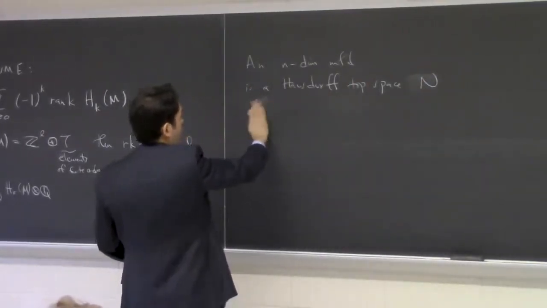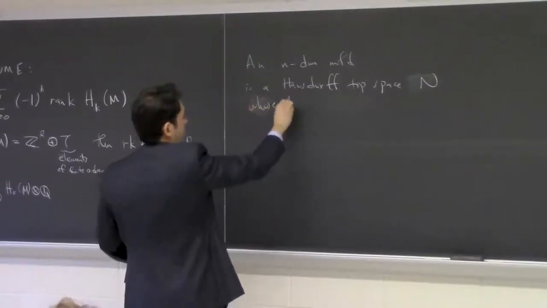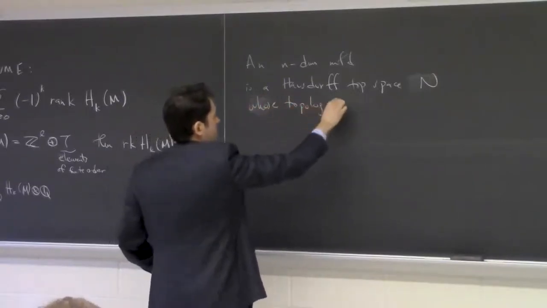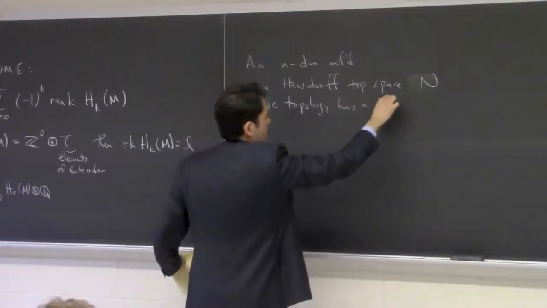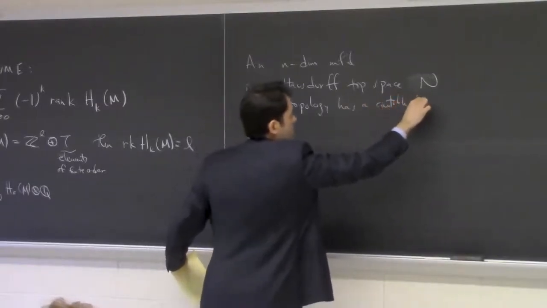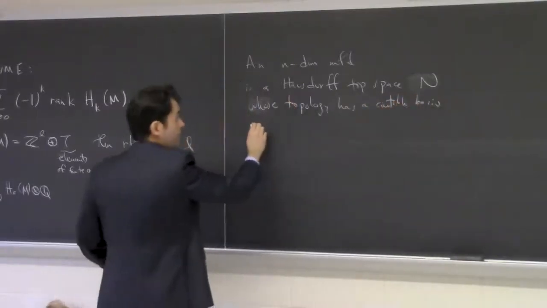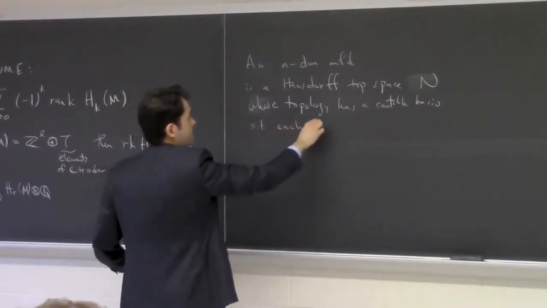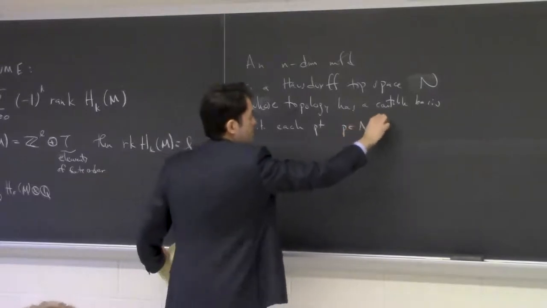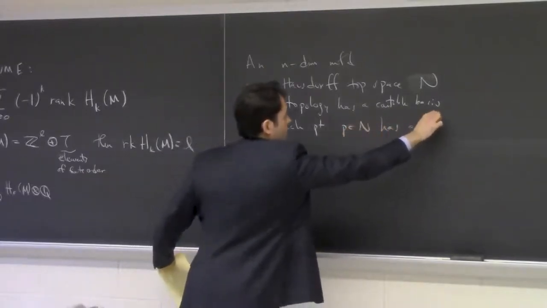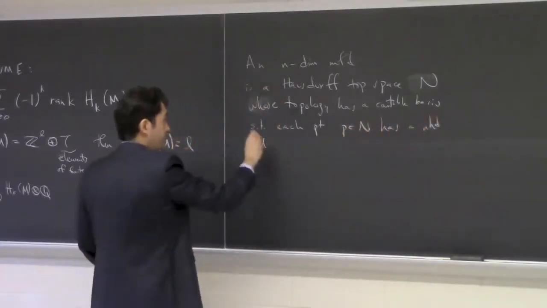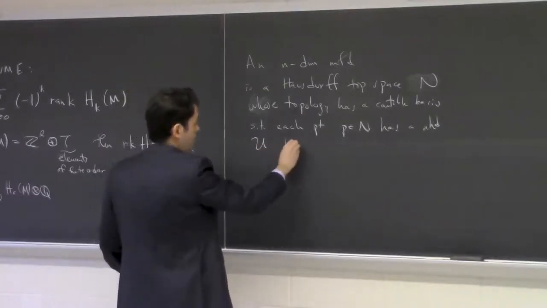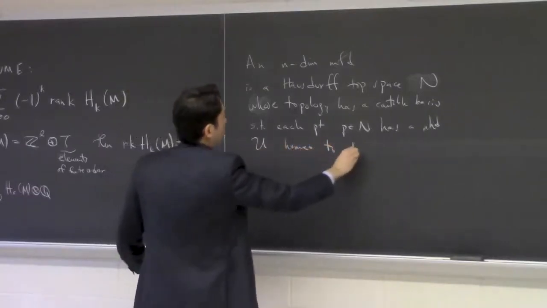With whose topology has a countable basis. And such that each point has a neighborhood U that is homeomorphic to R^n.